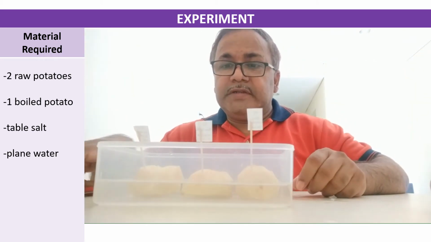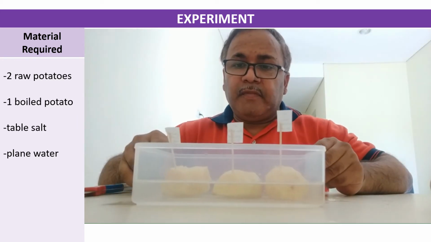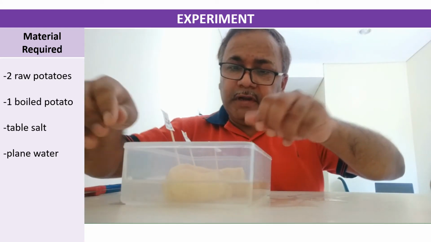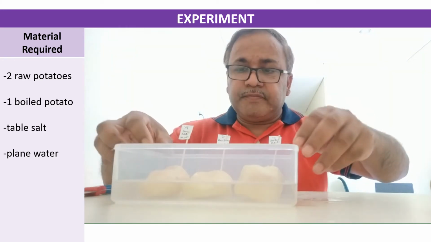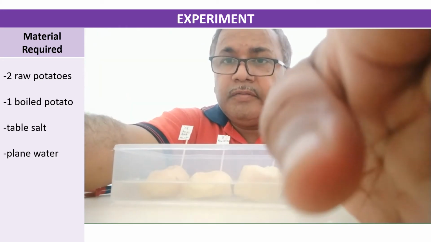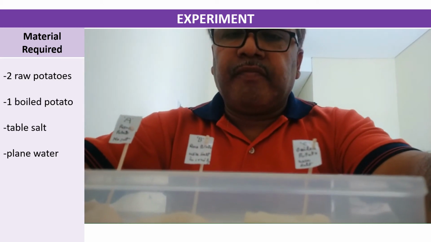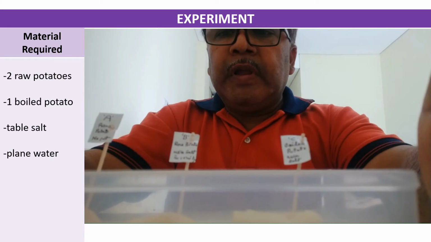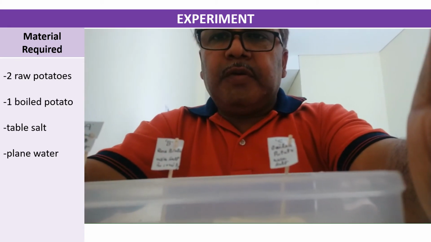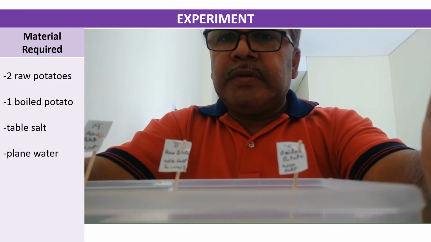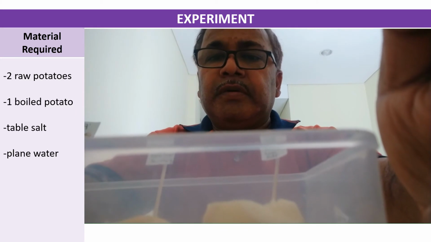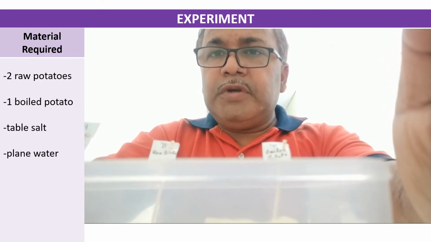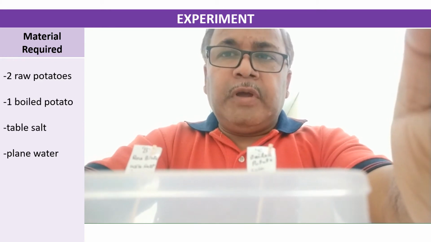Here you can see, my dear students, in this tray I have kept all 3 potatoes, which are labeled, as you can see, A, B, C. A potato, raw potato without salt, while B potato, raw, with salt, and C the boiled potato with salt.